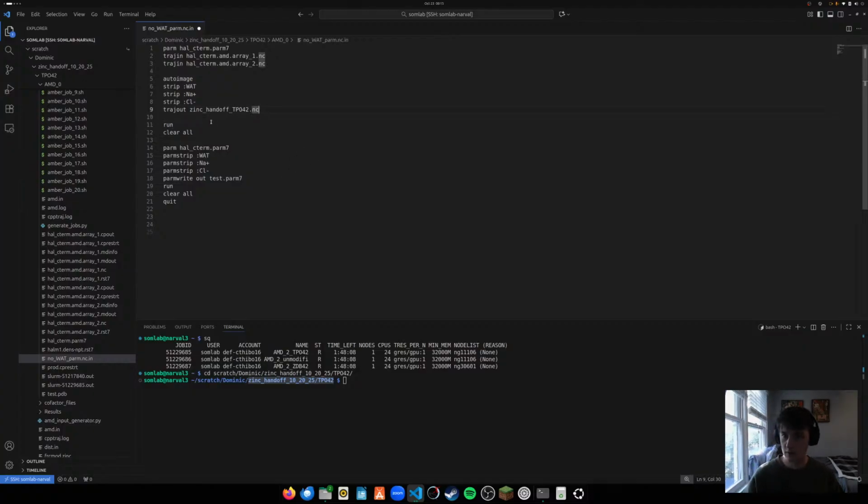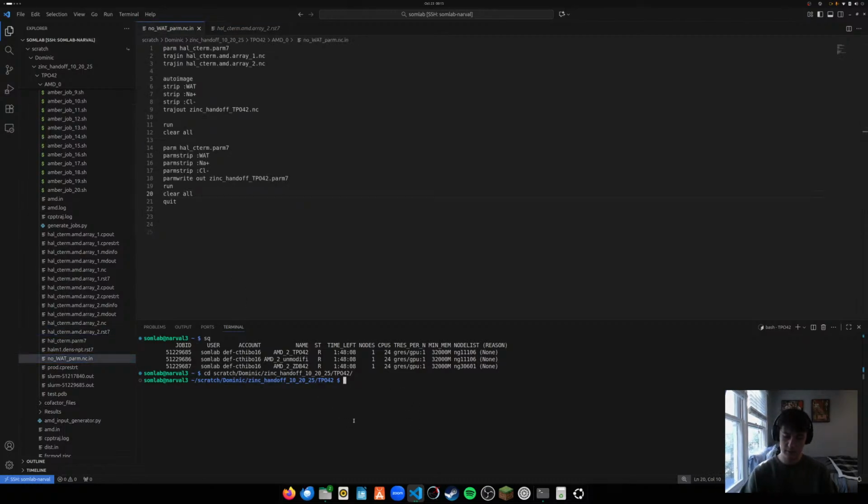Yeah, this seems right. And then change this. So basically, we're loading the trajectory that we're creating right now. We are centering it, stripping the salts and water. So we should get out a new trajectory. And then we need the parm7 file to load that trajectory.